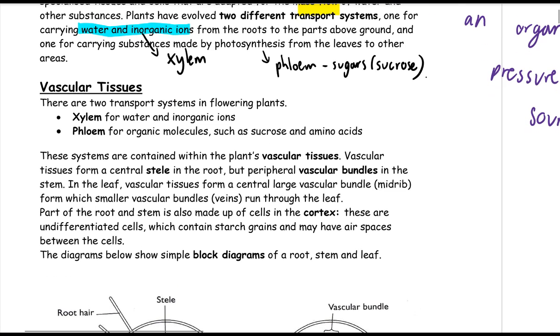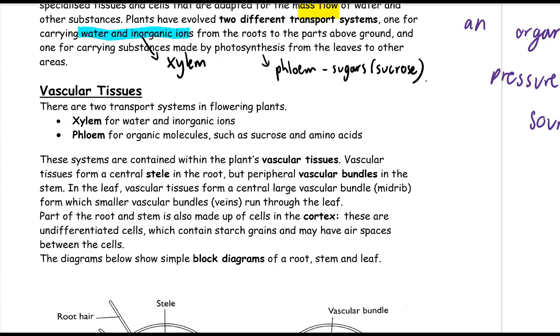So the vascular tissues then. There are two transport systems in flowering plants. We've got the xylem for water and inorganic ions, and the phloem for organic molecules such as sucrose and amino acids.